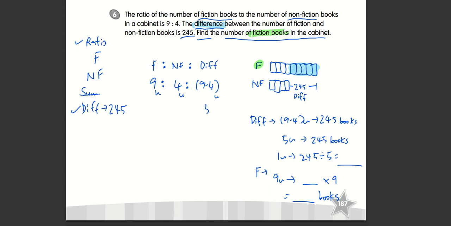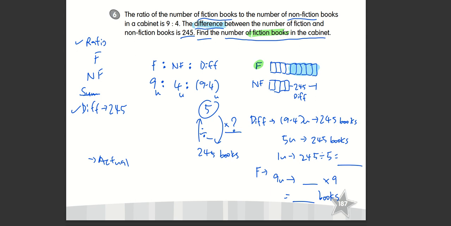Okay, so we have 5 units. So this 5 units turns out to be 245 books. That's the actual amount. And to find that I use division.